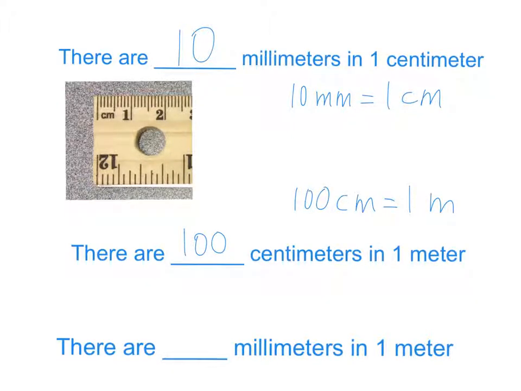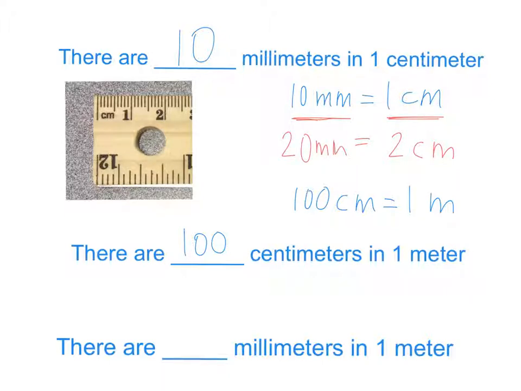Now my question to you is, if we know that there are 10 millimeters in each centimeter and there are 100 centimeters in 1 meter, how many millimeters are there in that 1 meter? See if you can work it out in your notebook. Okay, if there's 1 centimeter, how many millimeters are there? 10. If there's 2 centimeters, how many millimeters are there? 20.